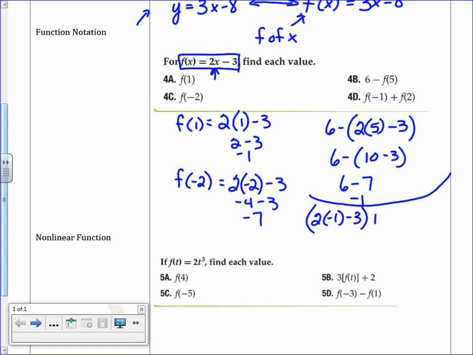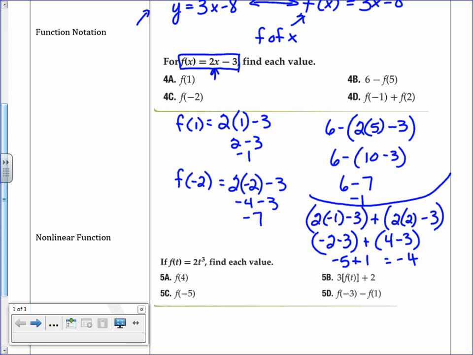And then it says plus 2 times 2 minus 3. So 2 times -1, -2 minus 3, plus 4 minus 3. -2 minus 3, that's -5, plus 1 is going to give us -4.